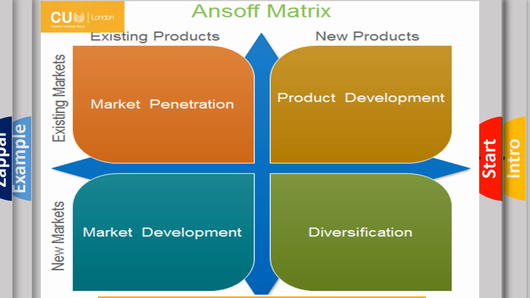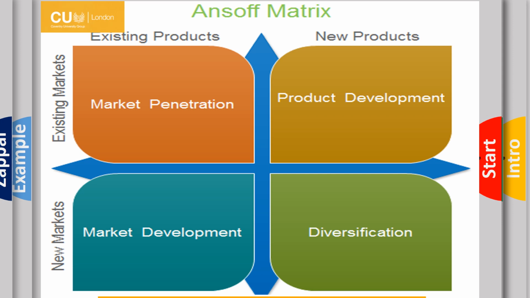If you remember, the marketing strategy is split between 3 parts: your segmentation, your targeting, and your positioning. It's a question of how best to achieve your marketing strategy with your marketing mix, your product, price, place, promotion, and the extended marketing mix, people, process, and physical evidence.